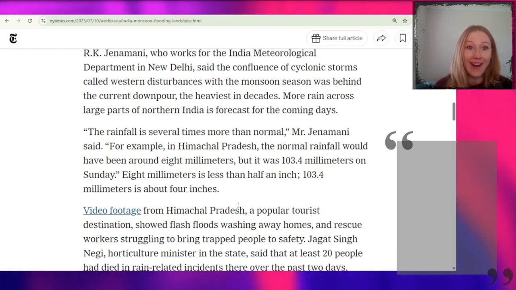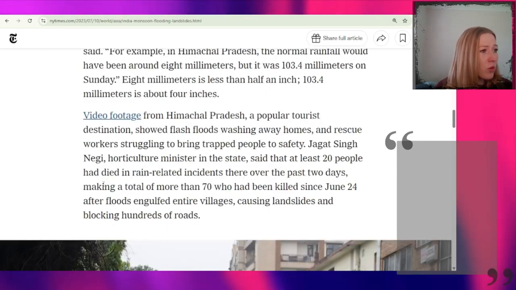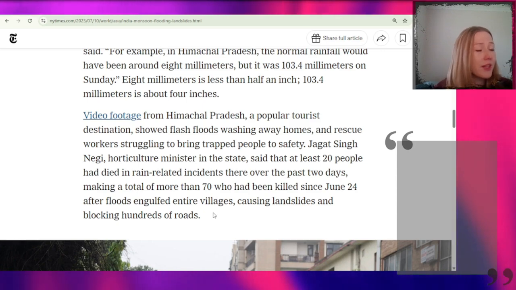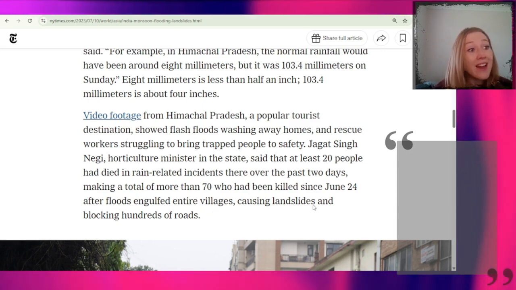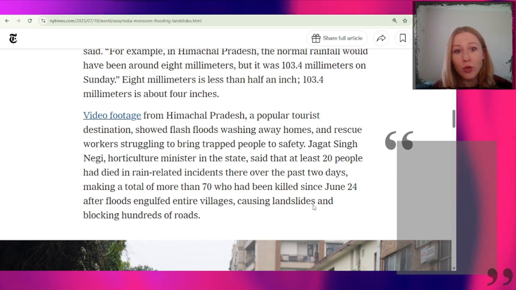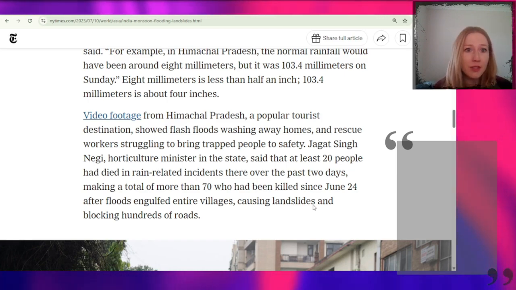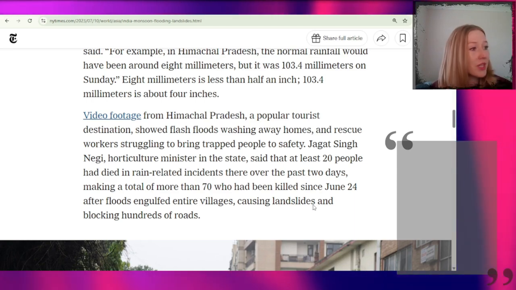That is a lot of rain. All of that rain had eventually not only flooded the areas, but it caused landslides, which would then block off roads, cause more infrastructure damage, cause more environmental damage, danger to people, and all of those things.